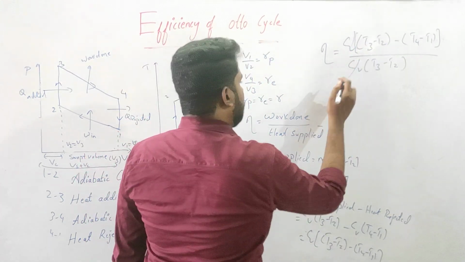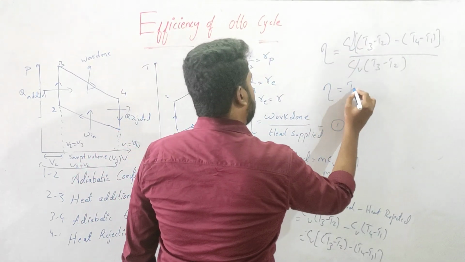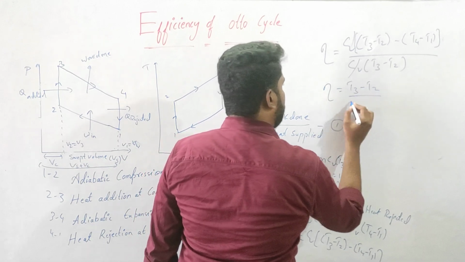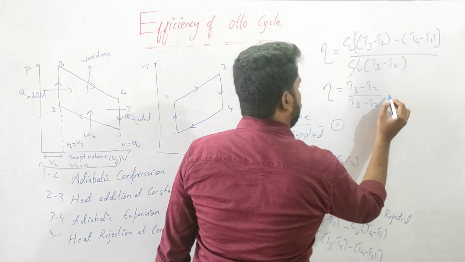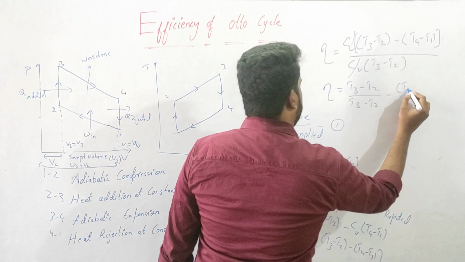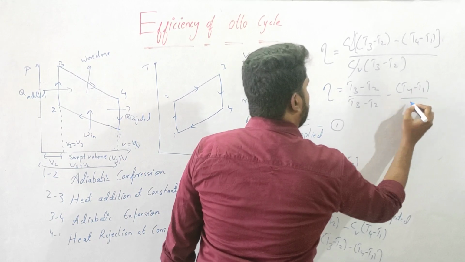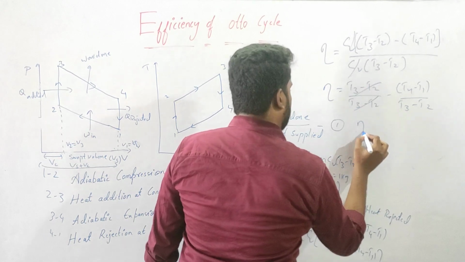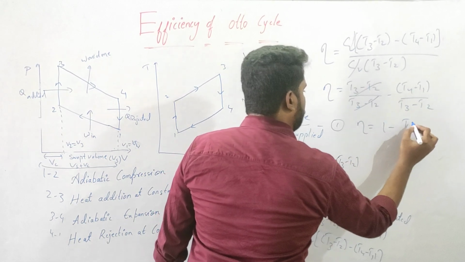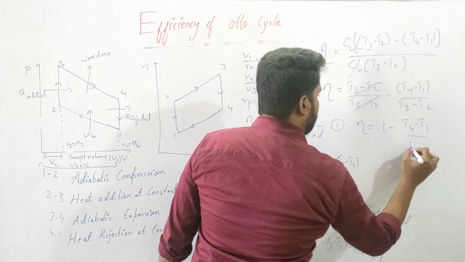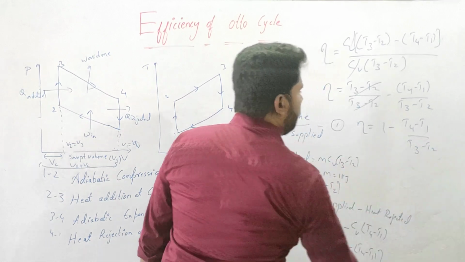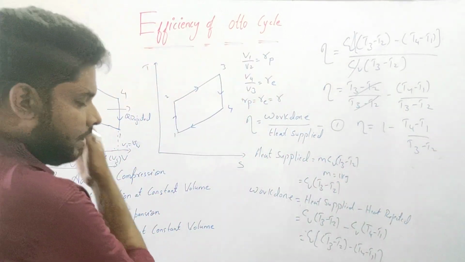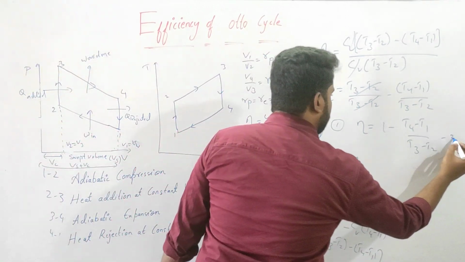If I split the terms, I get (T3 minus T2) divided by (T3 minus T2), minus (T4 minus T1) divided by (T3 minus T2). The first term cancels out, leaving 1 minus (T4 minus T1) divided by (T3 minus T2). So this is the efficiency of the Otto cycle in terms of temperature.